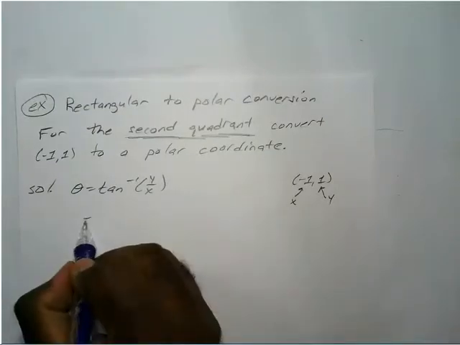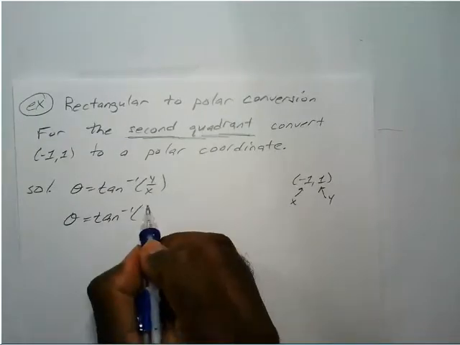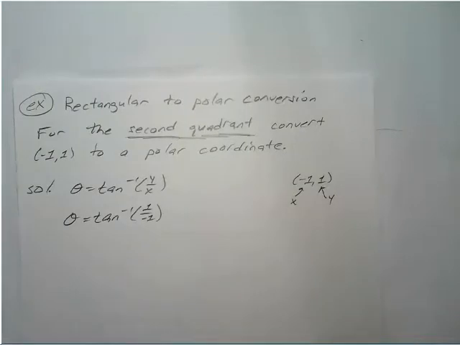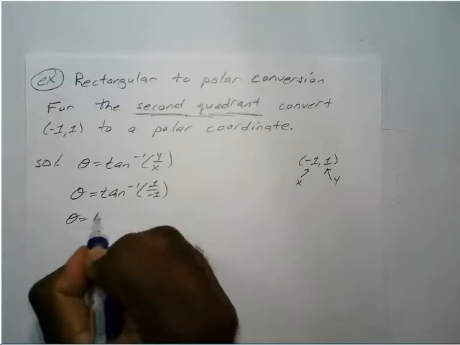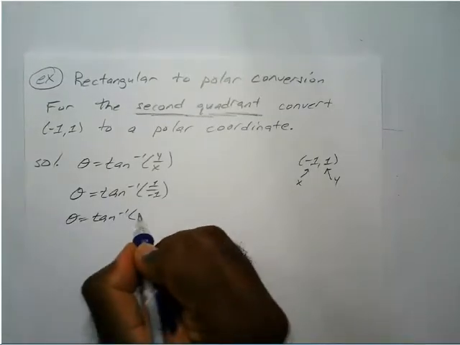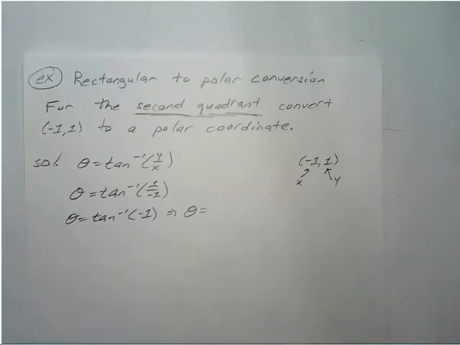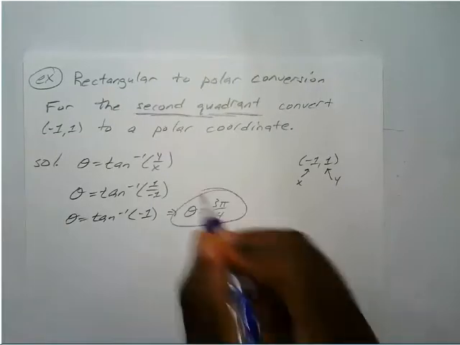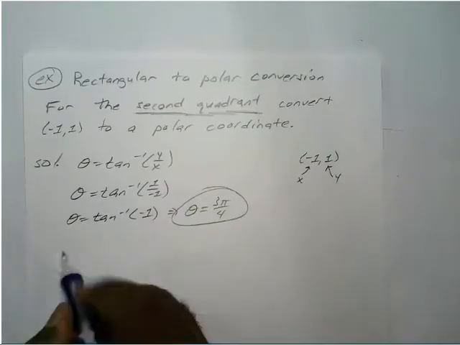So theta is equal to tangent inverse of 1 over negative 1, which is tangent inverse of negative 1, or theta equals 3 pi over 4. So we have our theta. Now we just need our r.